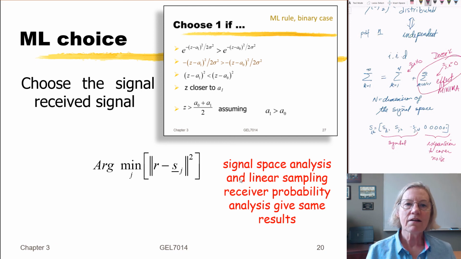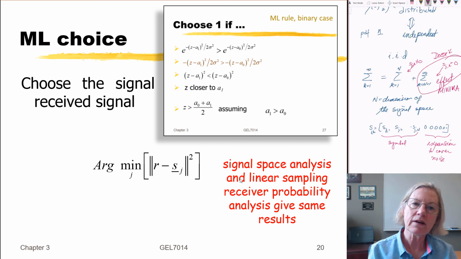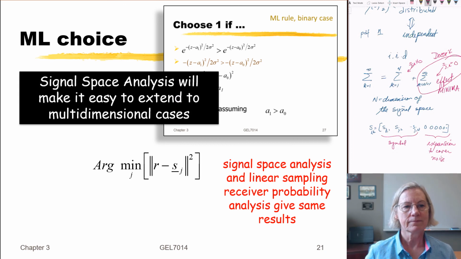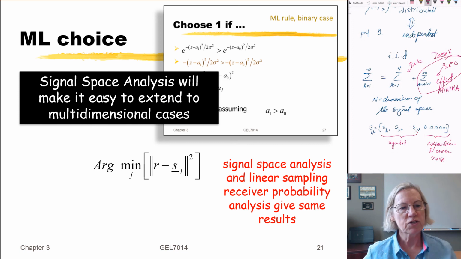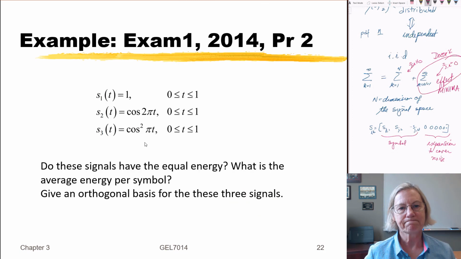Here in the signal space analysis, I only represented it as a vector. I didn't say that it was a linear receiver and a sampling receiver. So this is a much stronger result because I've gone into it with a lot fewer assumptions. And signal space will make it easier to extend all of our intuition to the multidimensional case.